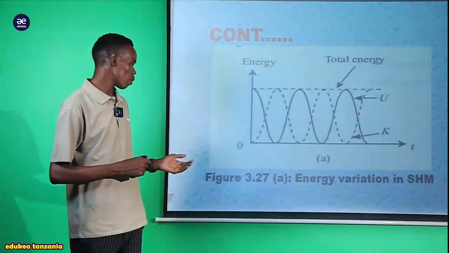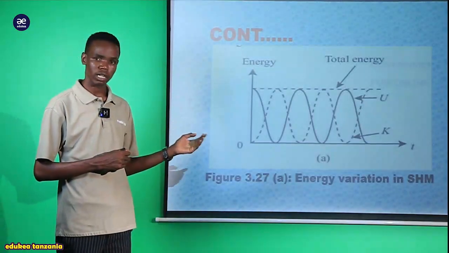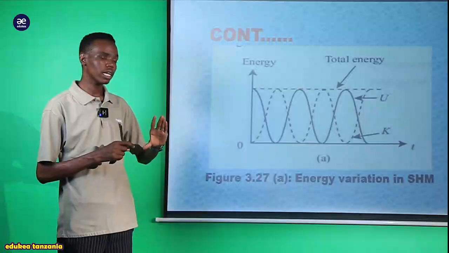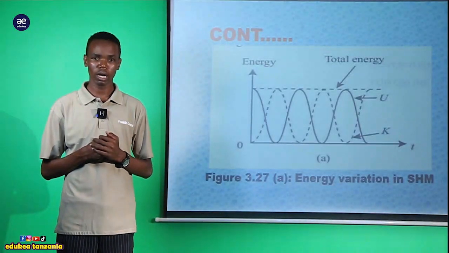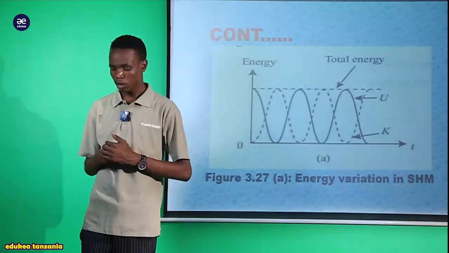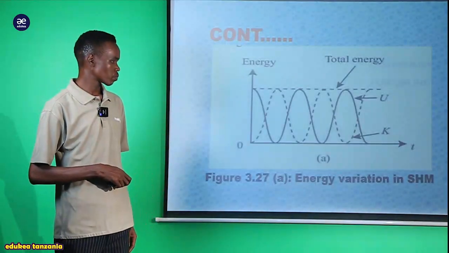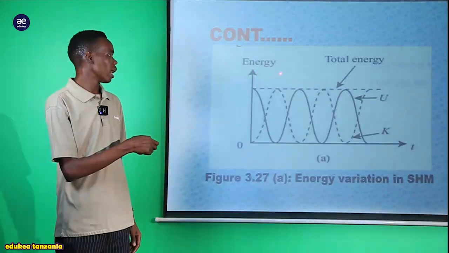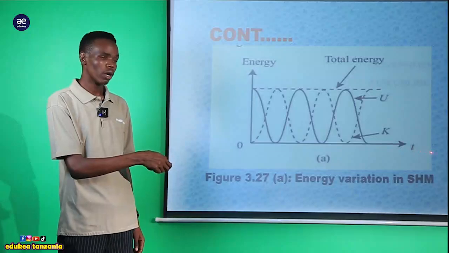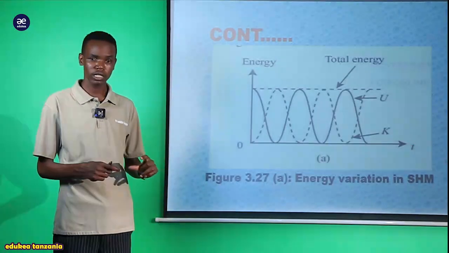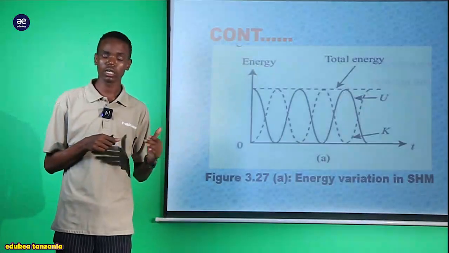So we have our figure here, figure A, which gives us the energy variation in simple harmonic motion. As we observe, on this figure the vertical axis represents the energy, but the horizontal axis represents the time. It means this is the curve that gives us the relationship between the energy and the time.